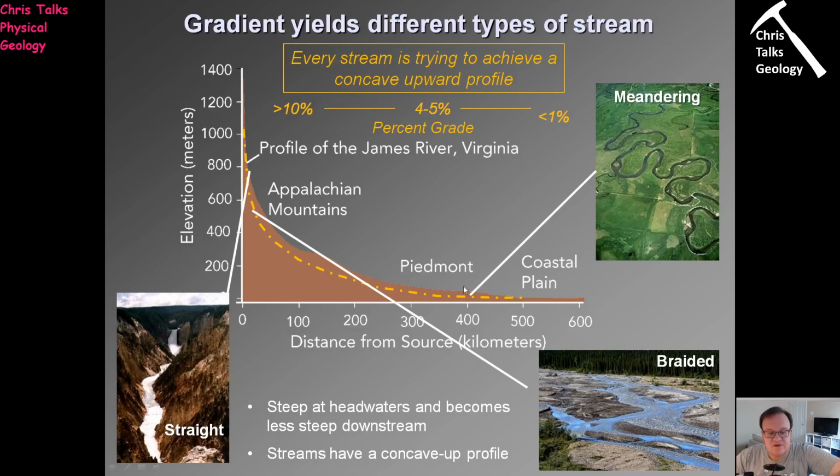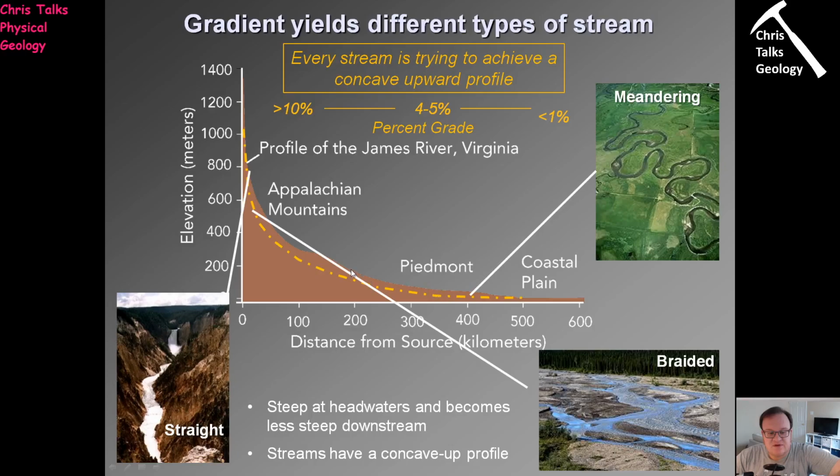Okay, now what this means is essentially in these very, very high up mountainous areas, we have water with lots and lots of power. So we have erosion taking place. Down here towards the lower portions of the profile, we tend to have a river that's moving more slowly, which will more commonly flood. And so in this area here, we tend to have a lot more deposition taking place.